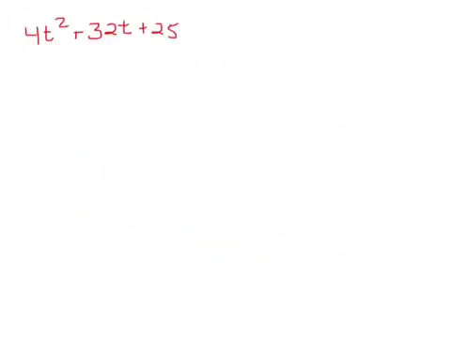Okay, so let's start using the quadratic formula to solve our equation here. So we've got t is equal to the fraction, negative b would be negative 32.